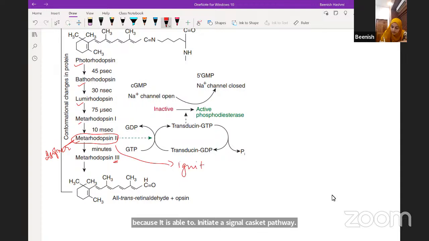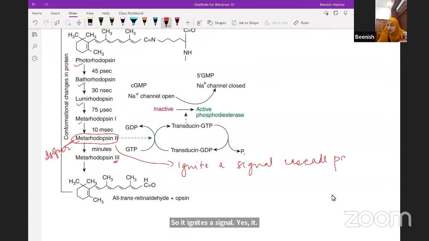So it ignites a signal cascade pathway. Therefore, this metarhodopsin 2 is important. How? We'll discuss in the next session.